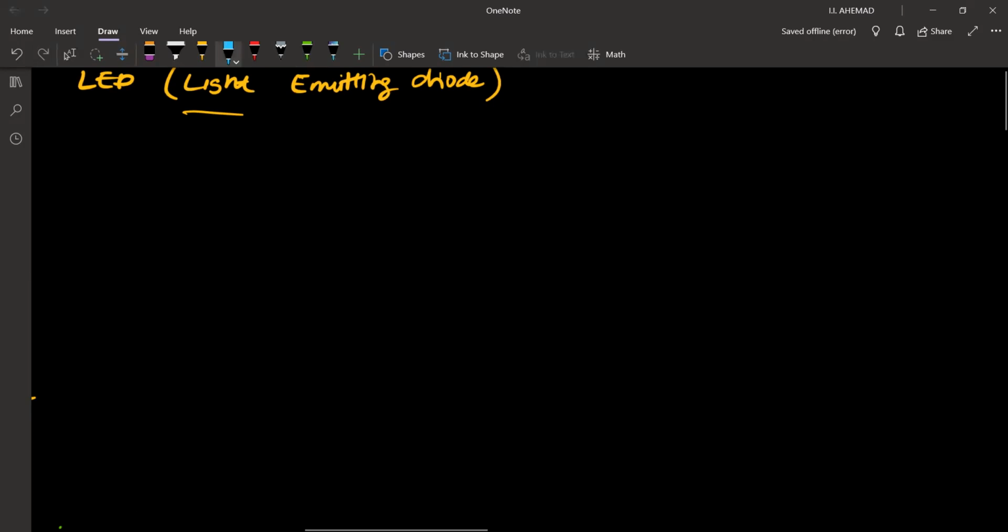Okay, the light emitting diode, you might have seen these LEDs. In these LEDs, there are two terminals.